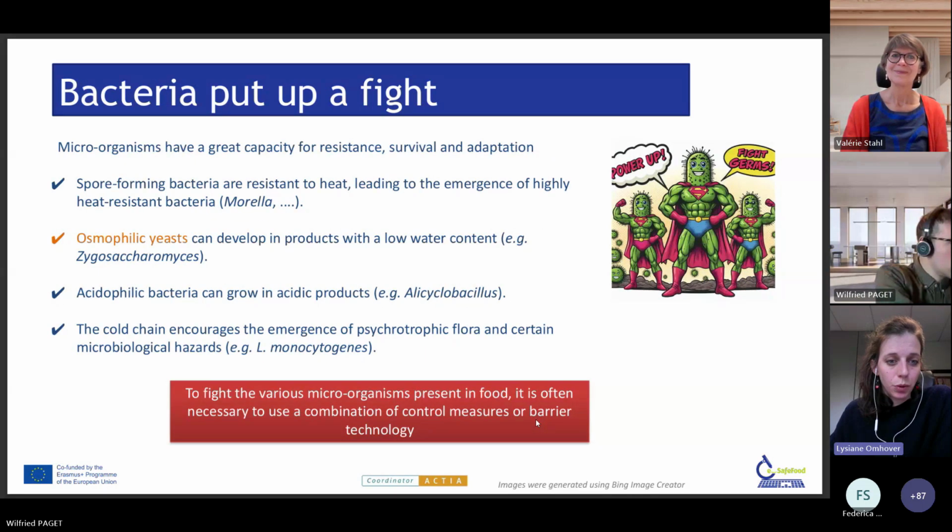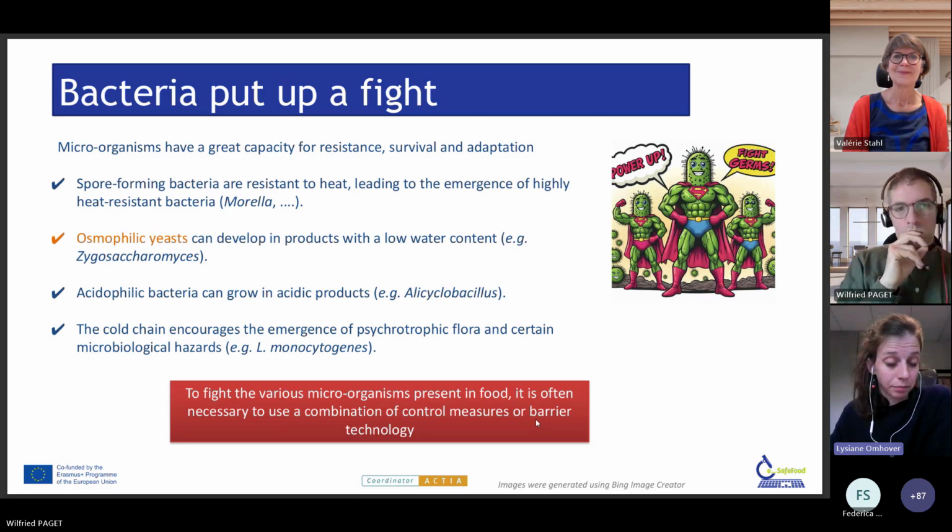So to conclude this presentation, microorganisms have a great capacity for resistance, survival, and adaptation. Some microorganisms are resistant to heat, for example, spore-forming bacteria, and some microorganisms can develop an acquired resistance, such as Salmonella.